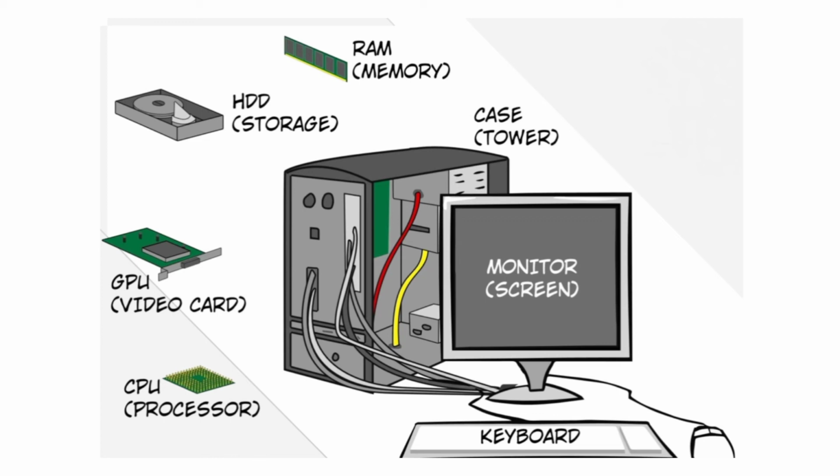Now examples of hardware are as follows. Input devices. Input devices are those devices which help us to input any kind of data, such as keyboard, mouse, etc. Now output devices. Output devices are those devices which help us to get the information, to get the result.